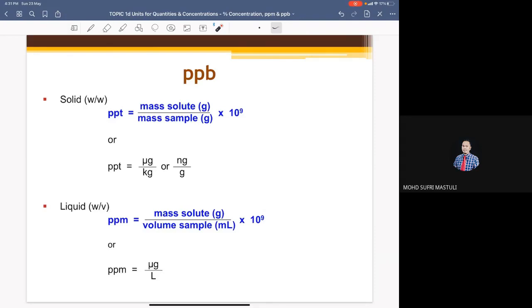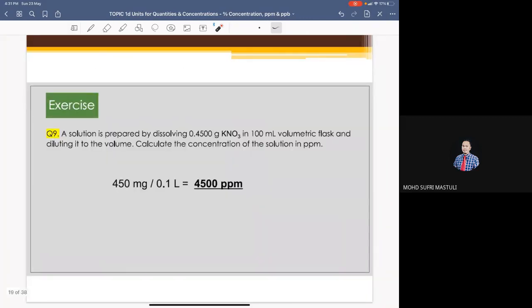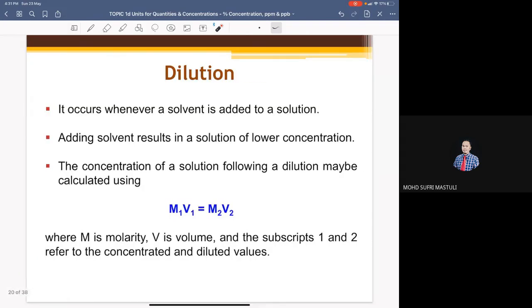And also for the liquid, it's gram per ml times 10 to the power 9 is ppb. Okay, so we have several examples here.